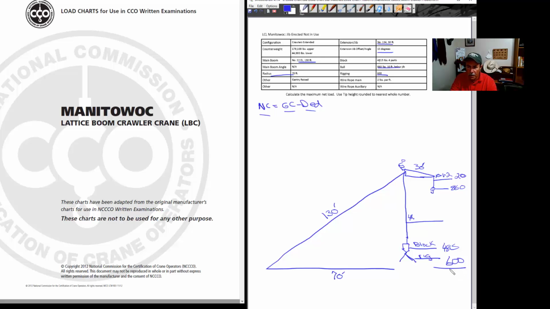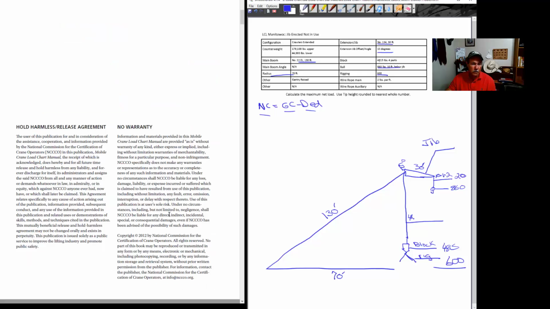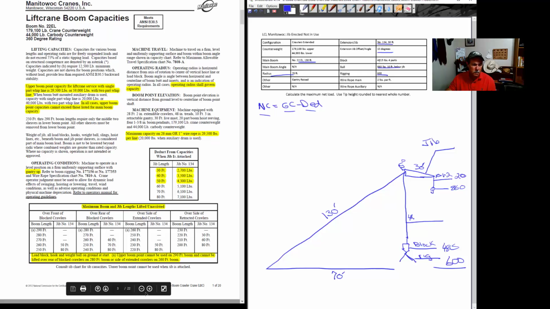But we got a 600 pound deduction for the rigging. There are still 2 items that we need to deduct. We need to deduct the weight of the jib. And to find the weight of the jib, I save that until later because we have to look that up in the crane documents.